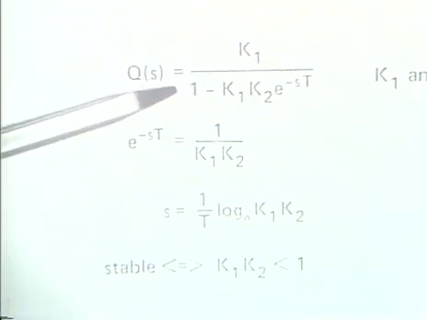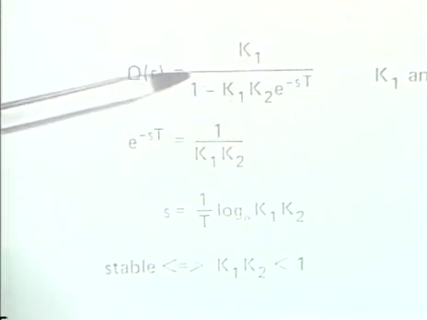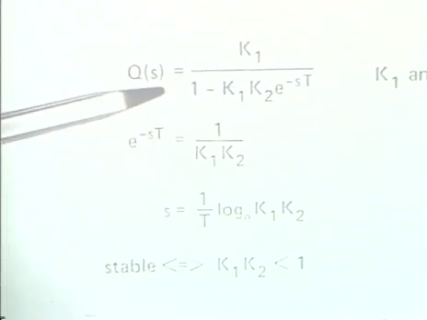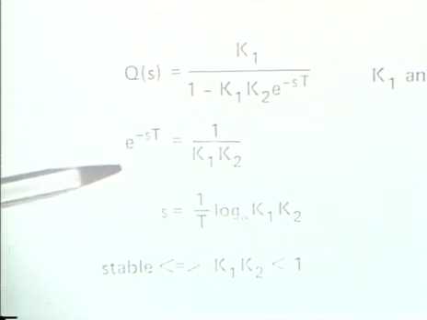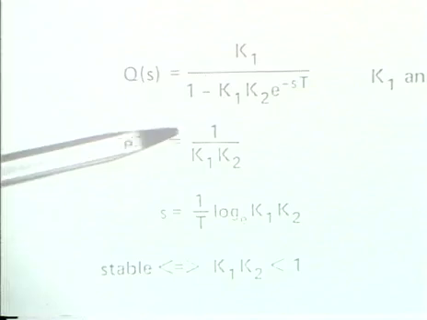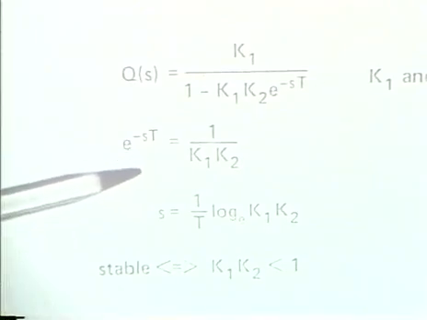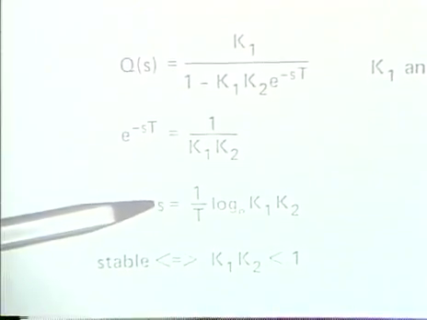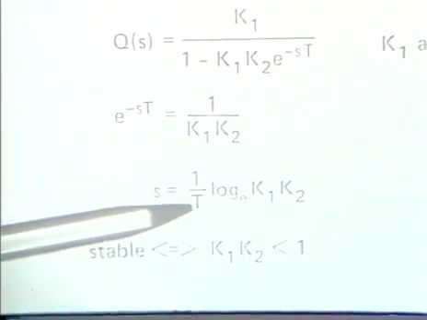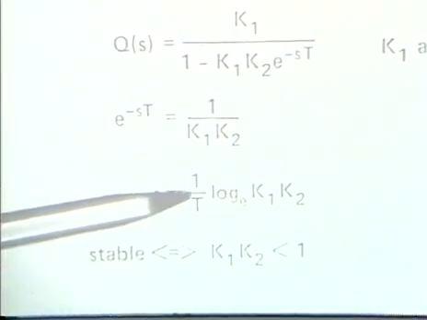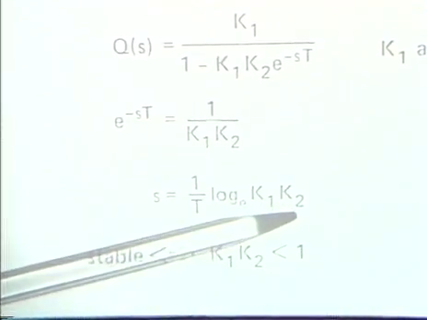If we want to look at the poles of the system, then we want to look at the zeros of this denominator. The zeros of this denominator occur at values of s such that e to the minus sT is equal to 1 over K1 times K2. Equivalently, the poles of the closed loop system occur at s equals 1 over T times the log to the base e of K1 times K2, where T is related to the time delay.